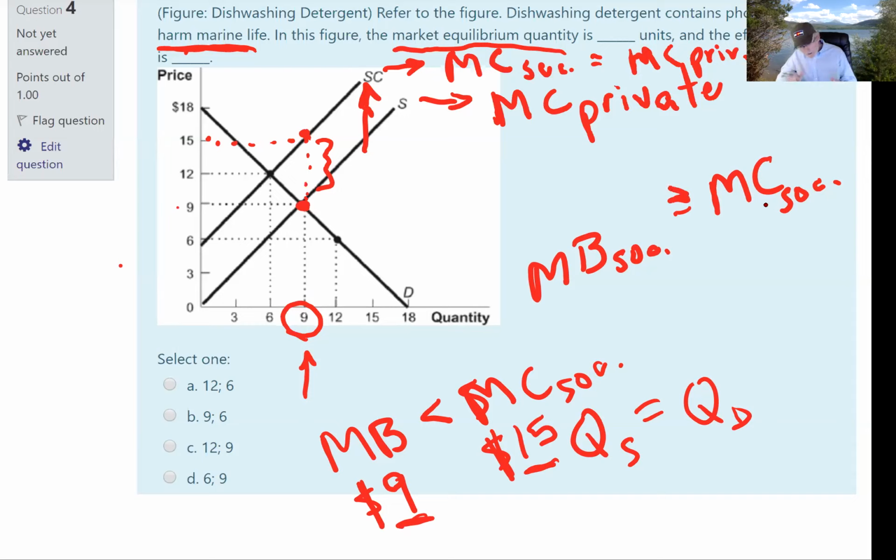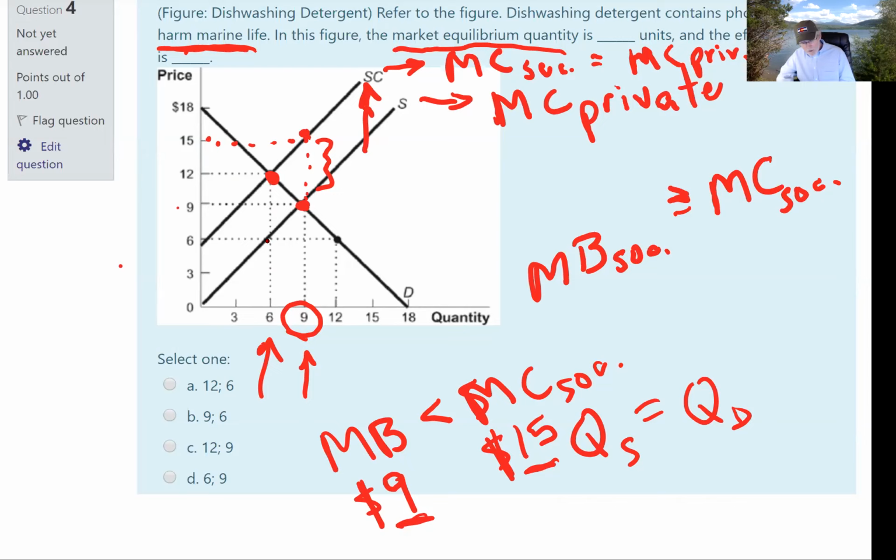So from an efficiency standpoint, we don't want to produce here. We want to cut back to here. We want to produce only 6 units, because what's the benefit of that 6th unit? I'm reading up to the demand curve. It is worth $12 to some consumer. What's the cost of that 6th unit?